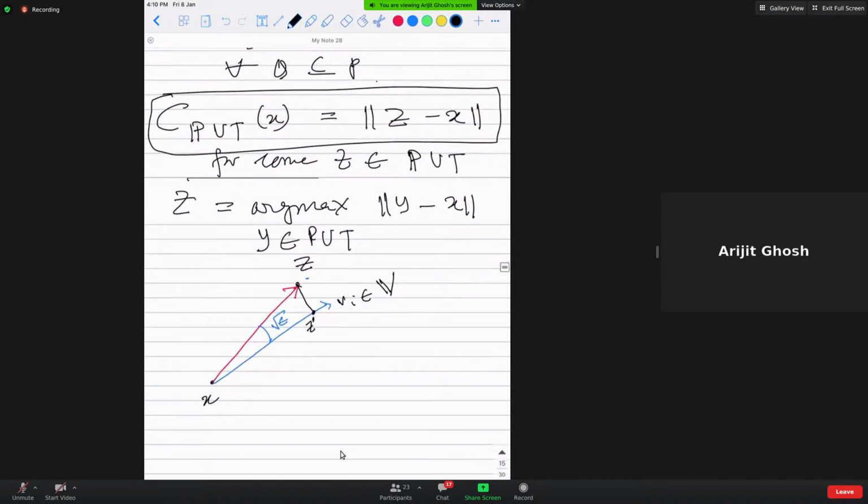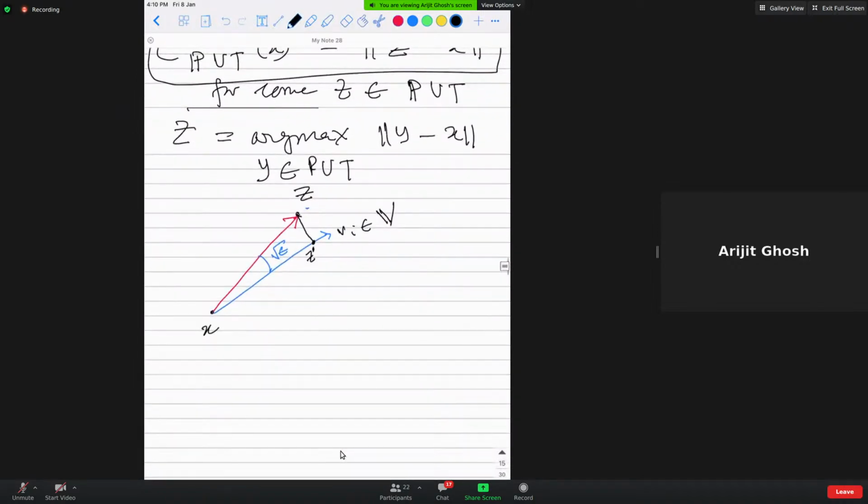Even before I do this, let me do this later. Suppose z belongs to T. If z belongs to T, do I have to show this? Does this follow directly?